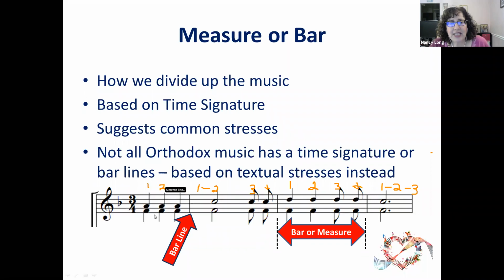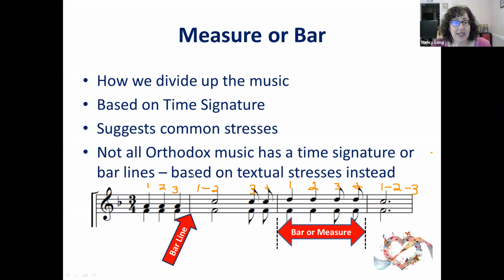The time signature does tend to suggest common stresses. So a 3/4 would typically suggest that the first beat has the stress and the second and third beats are less stressed. So think of a waltz. We would have 1, 2, 3, 1, 2, 3.